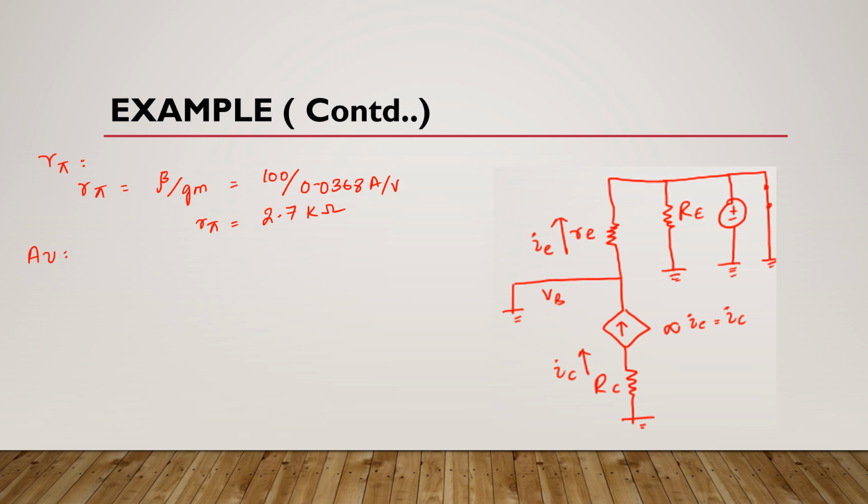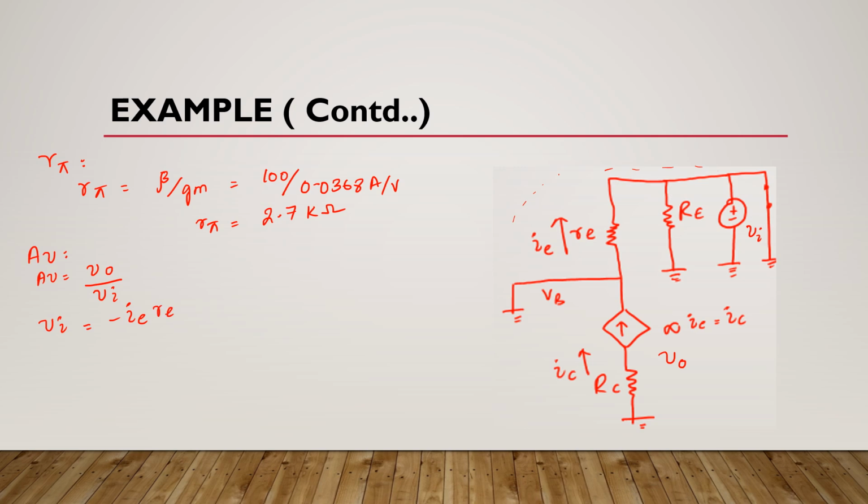Okay, now we will find voltage gain. We know that voltage gain is equal to output voltage divided by input voltage. Here this input voltage is here and output voltage is here. Okay, so as you can see here in this region, VI will be equal to minus IE RE. Why?